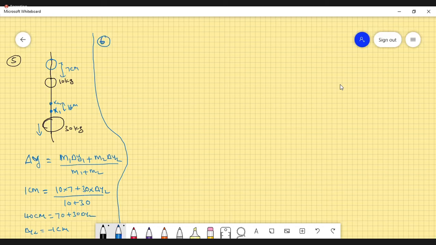So actually, in the sixth one, the gravitational force between two objects is an internal force. We are not applying any external force. So that's why the internal force won't affect the center of mass. Therefore F external equals 0, then the acceleration of the center of mass is also 0. It will not change.